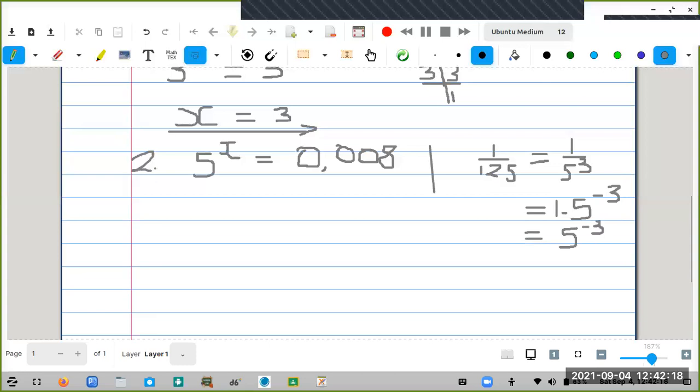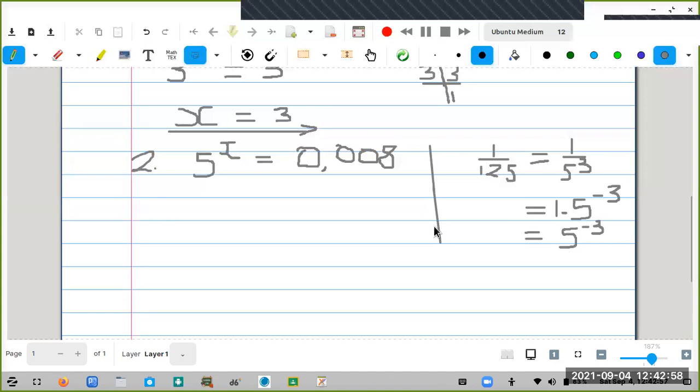What it simply means is that 0.008 is the same as 5 to exponent negative 3. If you use a calculator, enter 0.008, then change it using S-D into a fraction, you'll get 1 over 125. Then you convert 1 over 125 into exponential form, or index form, and it becomes 5 to exponent negative 3.